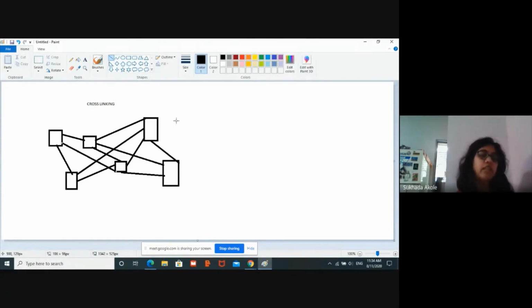Now this cross-linking technique is cost-effective and simple because I don't need any extra effort or any extra apparatus for this cross-linking. So what do I do? I take a flask, I add my enzyme, I add my cross-linking reagent like glutaraldehyde or toluene, and I get a matrix like this.